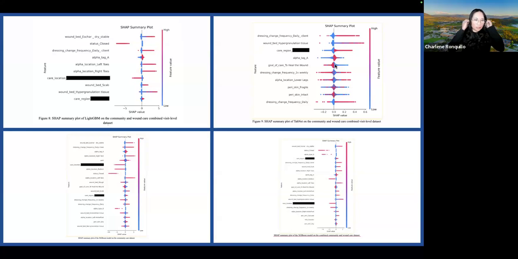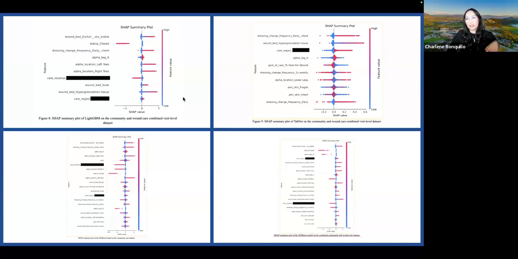These plots are called SHAP plots, and they show which variables are the most important in predicting antimicrobial use. For this study, we ran 7 different machine learning models to see which variables come up as the top predictors.